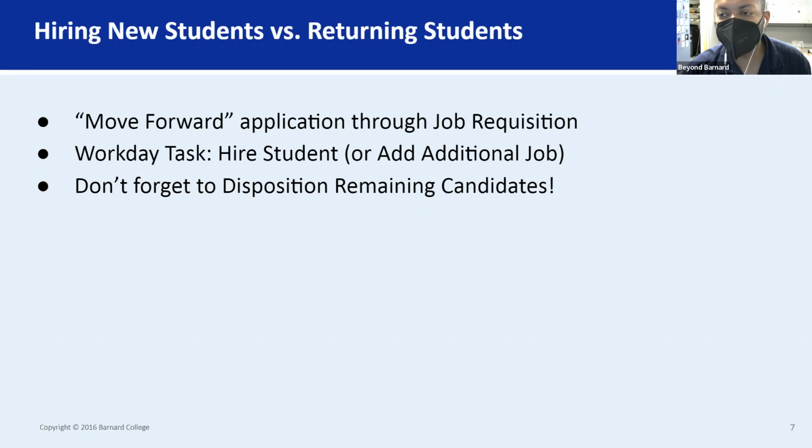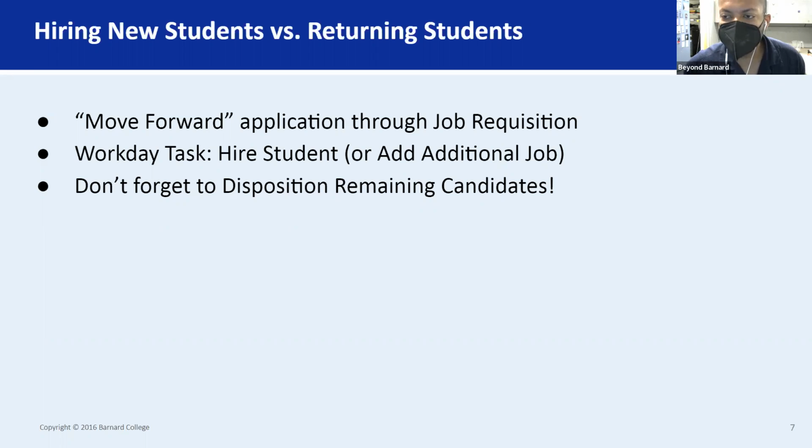If you have a job requisition and you have a student that didn't apply, or you just didn't want to go through the offer step, you could look under positions with job requisitions to find the position that you're trying to hire that student into.